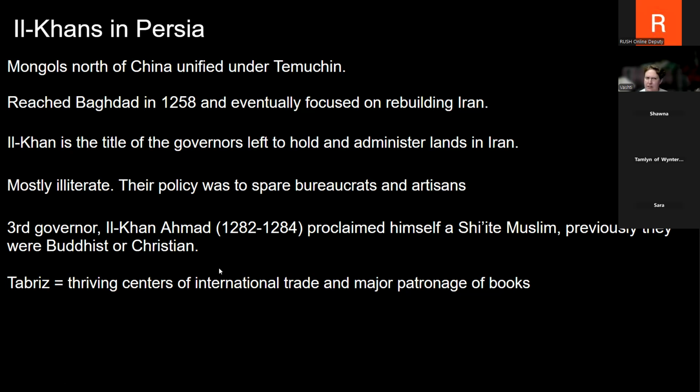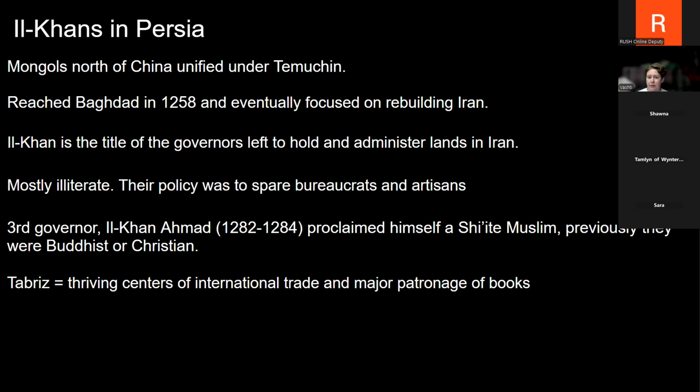And it has to do with the decline of the Abbasid Caliphate, late 10th, early 11th century. So he is kind of the first of the Mongols to really both stick around and convert to Islam. And one of the cities he's in charge of is Tabriz. And this becomes a huge thriving center of international trade.